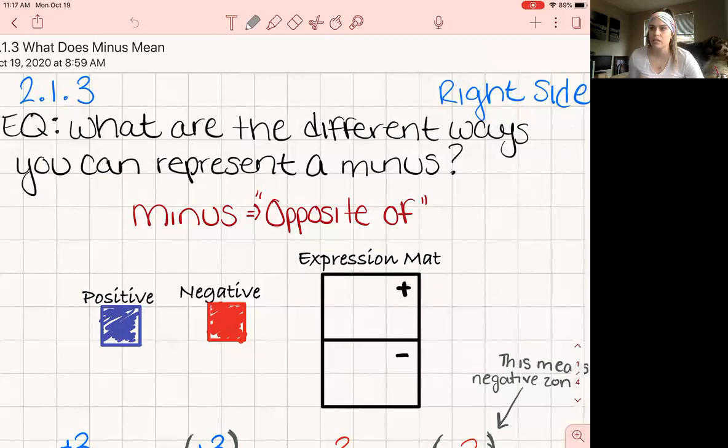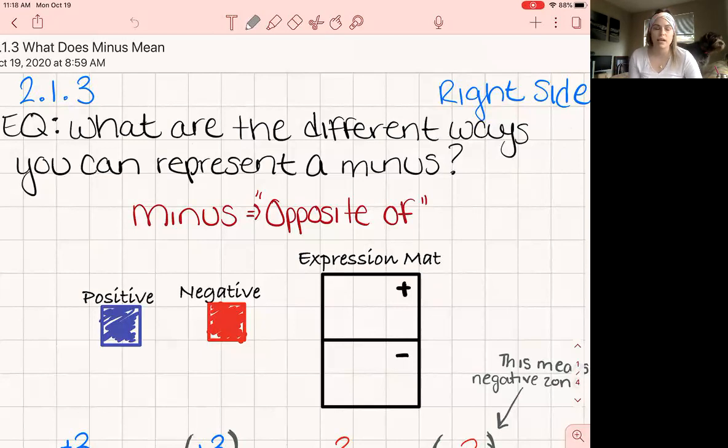Okay, so we've already explored our tiles, but now we're going to be introduced to two new ideas. We're going to be introduced to the idea that the tiles have a positive side and a negative side, as well as this idea of expression mats. So a positive tile is going to be your blue tile. For X in units, it's blue.